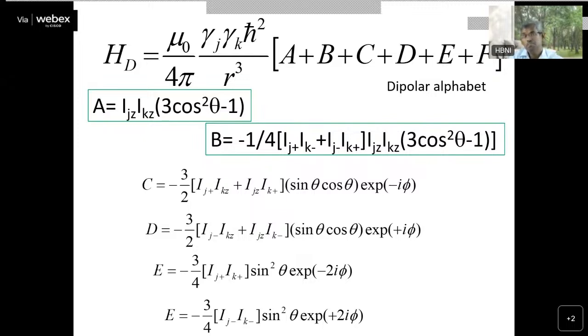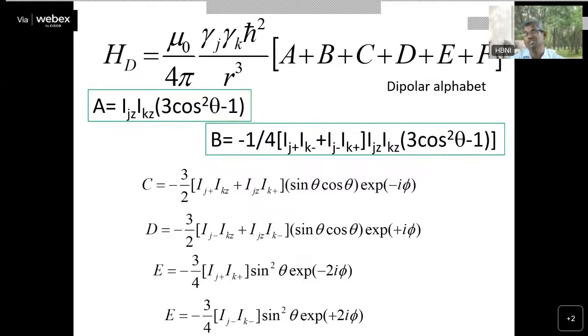So for dipolar interaction involving heteronuclei, we basically consider only the A term. And for dipole-dipole interaction involving homonuclei, we consider both A and B terms. I am repeating once again, the B term has a raising and lowering operator. If it is a heteronuclear spin, then this raising and lowering operation will not be energy conserving.